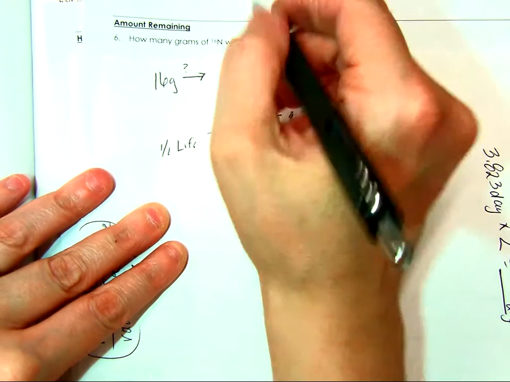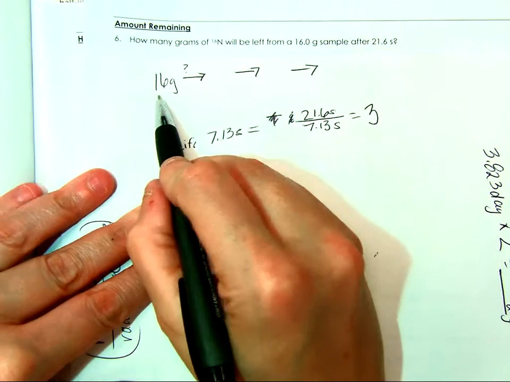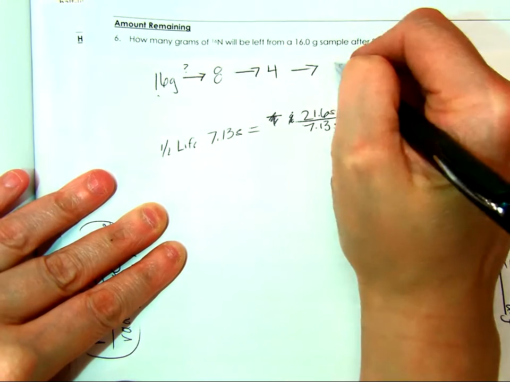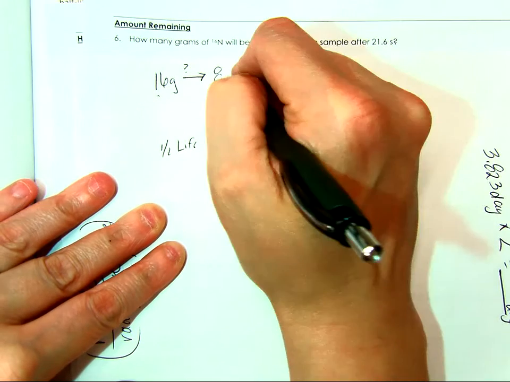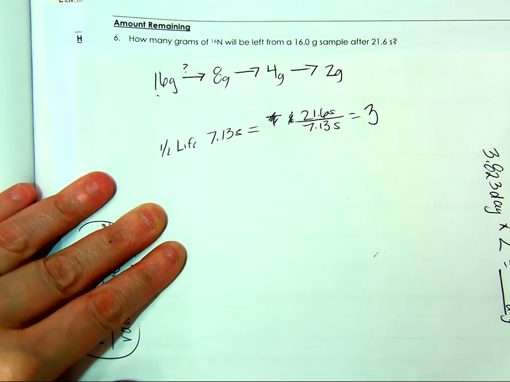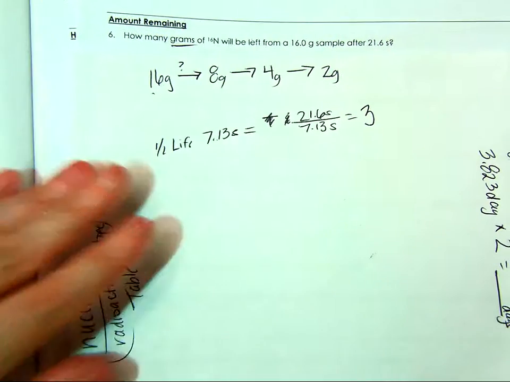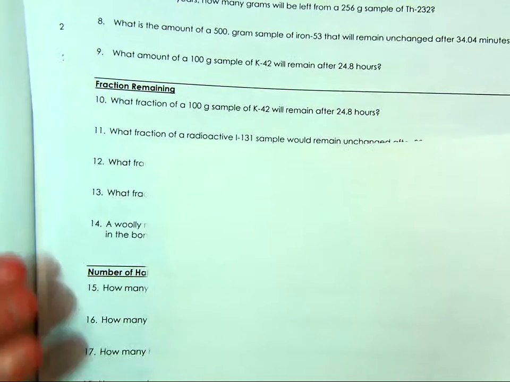So I'm going to draw 3 arrows. If I start at 16, I'm now at 8, I'm now at 4, I'm now at 2. And it's a good thing to kind of carry over the units just so you know specifically what we're trying to display there. Okay, how much is remaining?